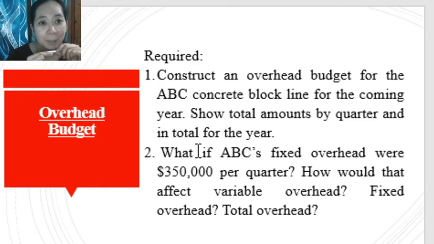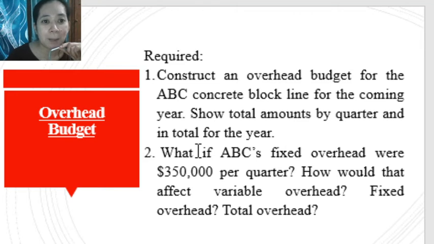For requirement number one, we will construct an overhead budget for the company for their concrete block line for the coming year, showing the total amounts by quarter and for the year as a whole.